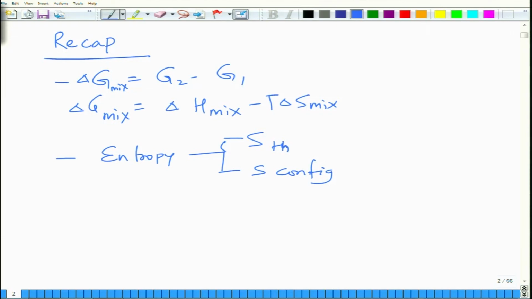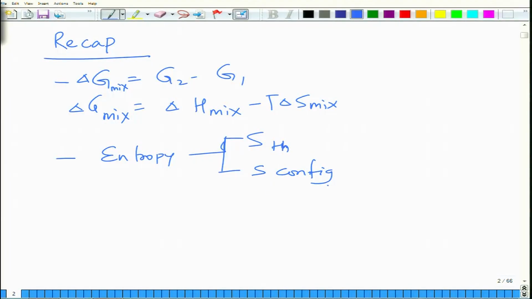If there is very negligible change in the temperature or volume of the system, then we can say S thermal is negligible, especially in the solid state, and we only work with the configurational entropy.